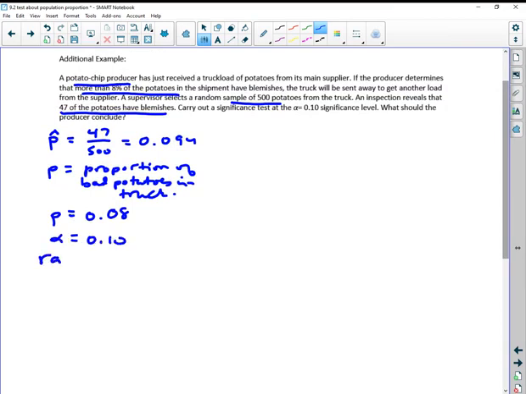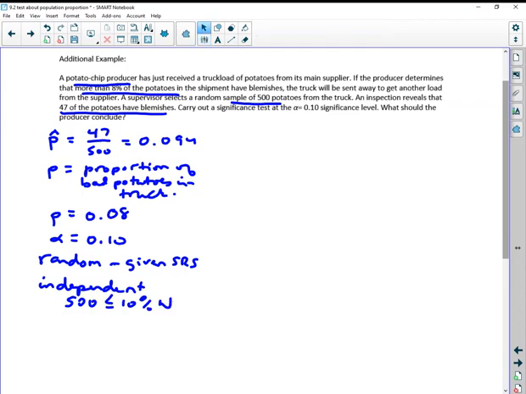Of course, check your conditions for inference. If it's random, you've got to be watching for bias. No bias there. It's given it was a simple random sample. Independent, so that I'll be able to do calculations for the standard deviation of my sampling distribution. 500 potatoes is less than or equal to 10%, and we're going to have to use that check because we have a finite number of potatoes in that truck.